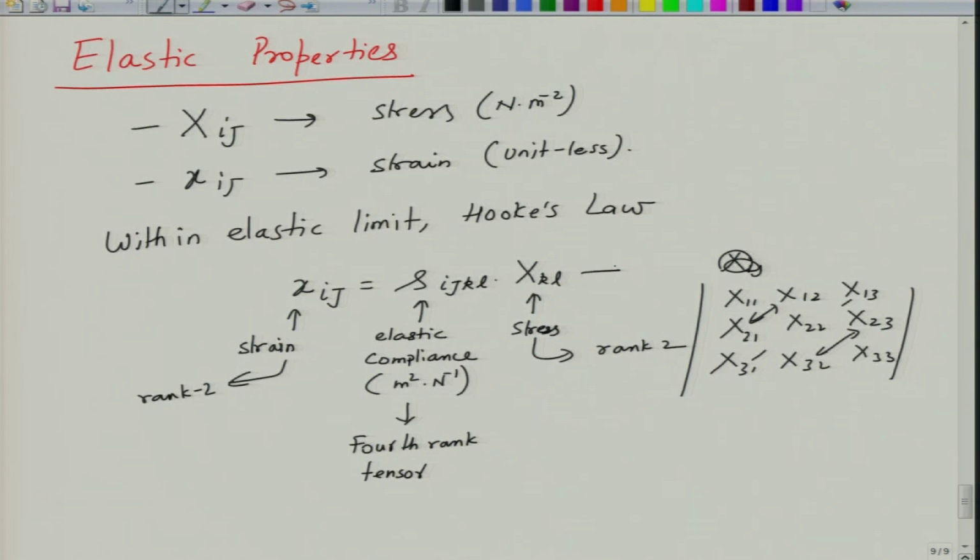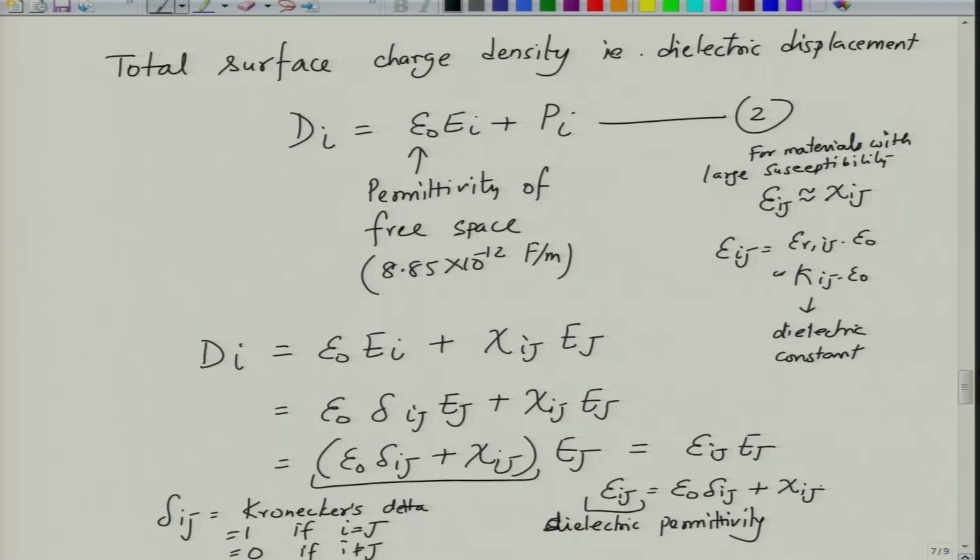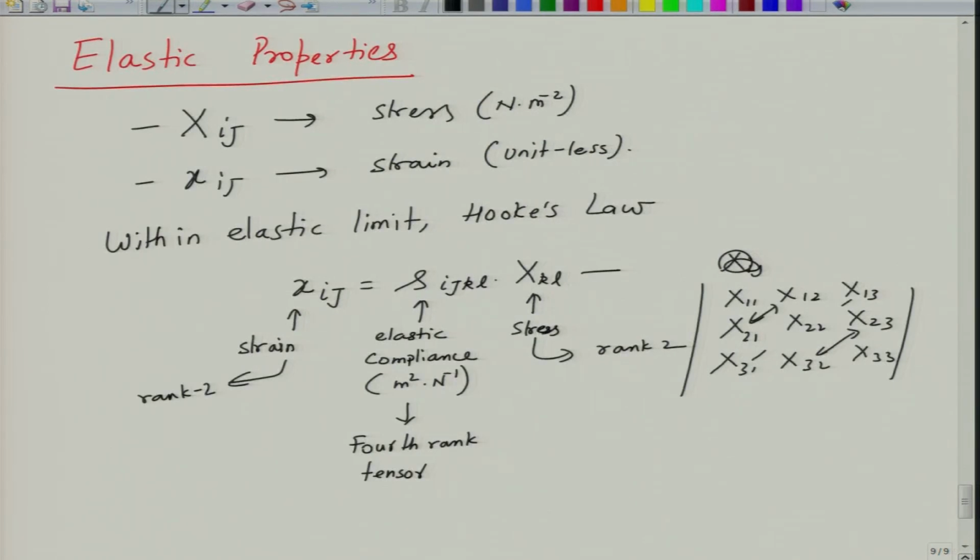So, this is equation number, let us say. So, we may have to use a numbering system. So, this is 1, this is 2, this is 3 and is that 4? Yeah, this is 4 and let us come to the next equation. So, the inverse form of the above equation is, so the inverse relation would be X ij is equal to C ijkl into x kl.